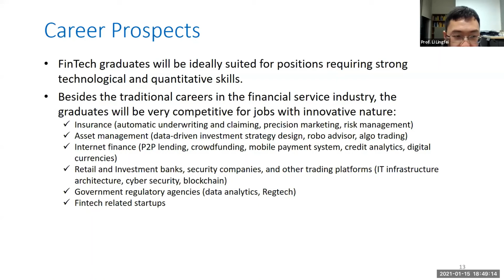At least several students in our program interned with Hong Kong MA before. So Hong Kong MA is definitely interested in recruiting talent from FinTech.